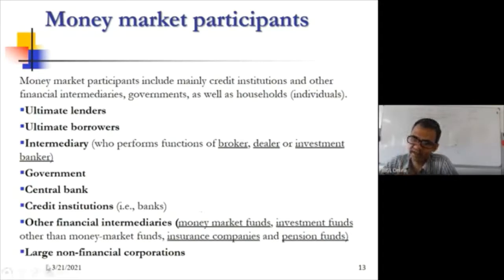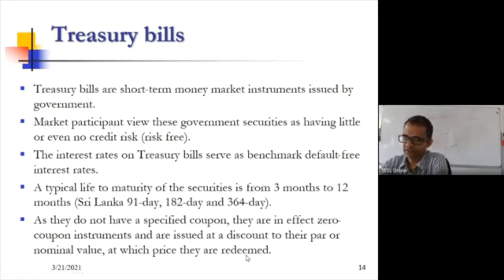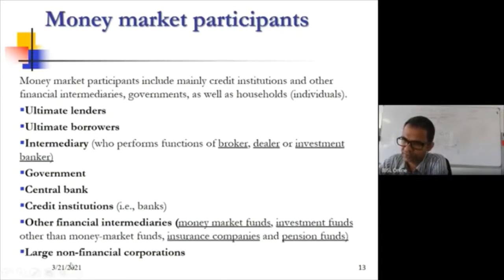And ultimately, large non-financial corporations, to fund their requirement, borrow funds for a short period from the money market. It can be direct borrowing through a bank, or maybe issuing a commercial paper or any other instrument like that. So maybe a private placement. For a corporate to borrow, an investment banker can help.